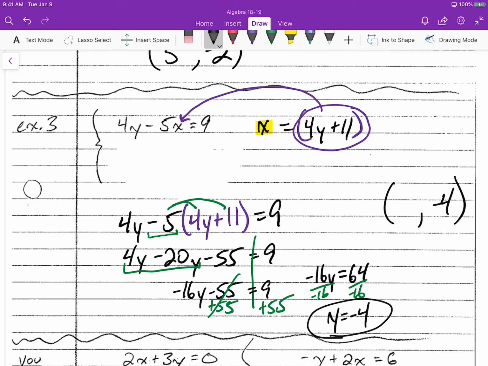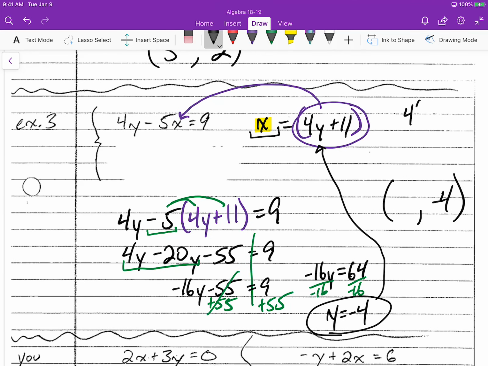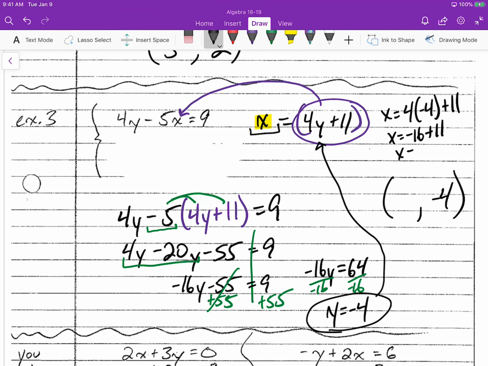I know my y is negative 4. So I'm going to take my answer and plug it in here to figure out what my x would be. So I have 4 times negative 4 plus 11 equals x. So x equals negative 16 plus 11. So x equals negative 5.